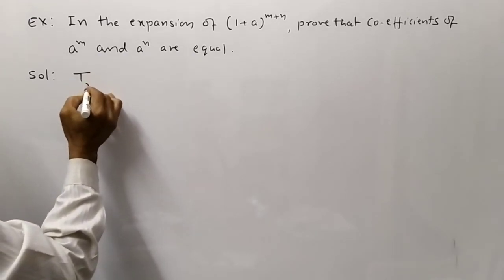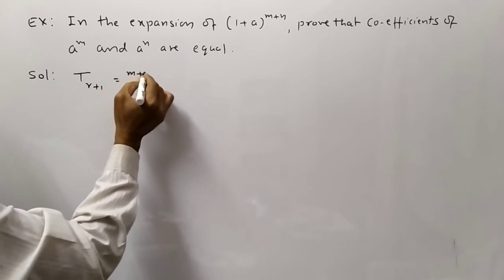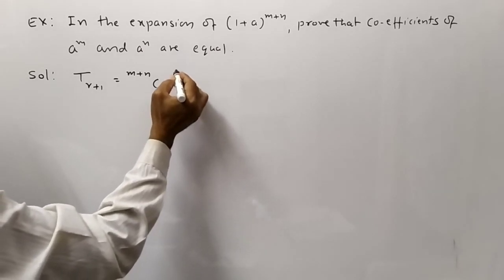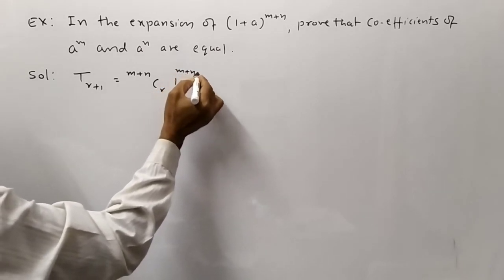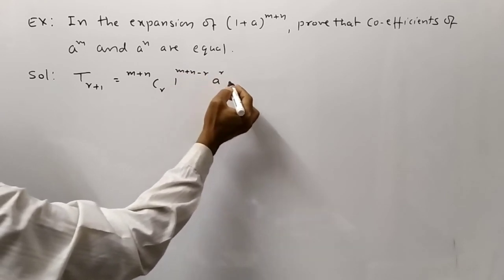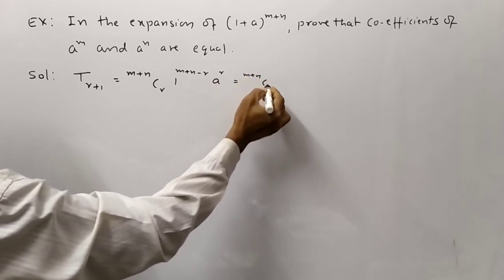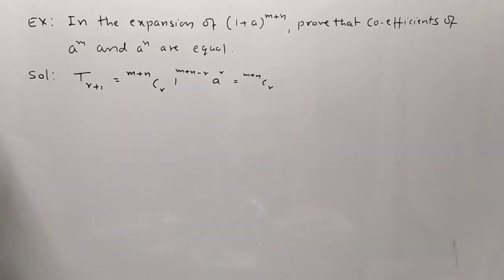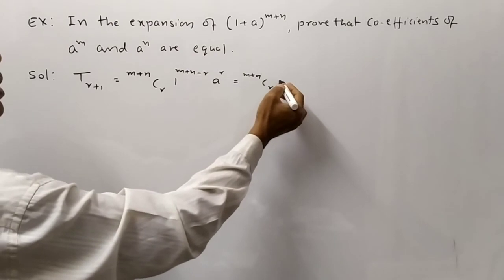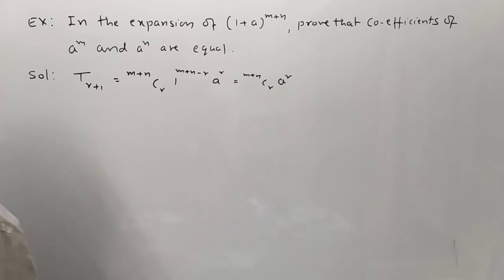General term T(r plus 1) is equal to (m plus n) Cr into 1 raised to the power (m plus n minus r) into a raised to the power r, which is (m plus n) Cr a raised to the power r.